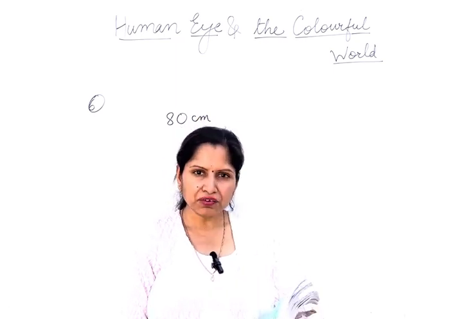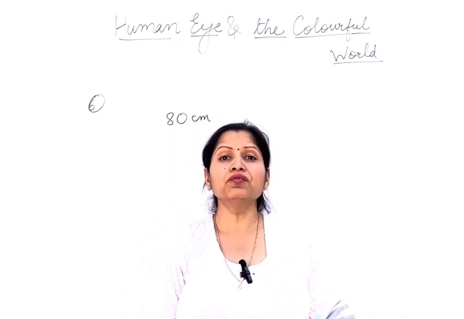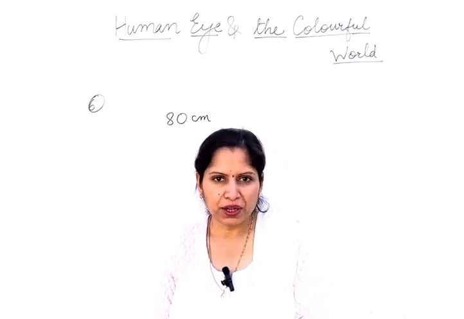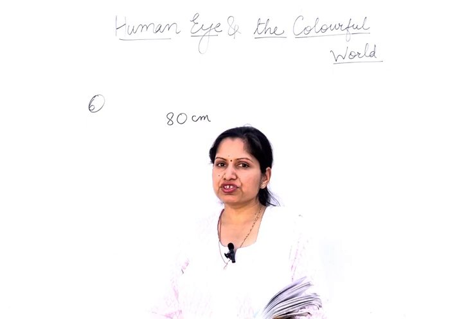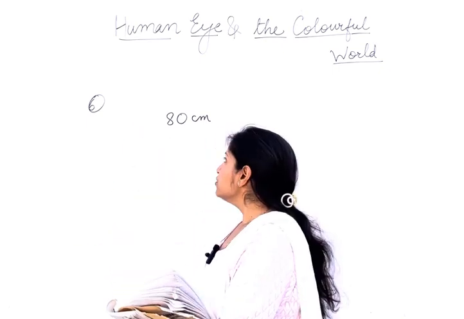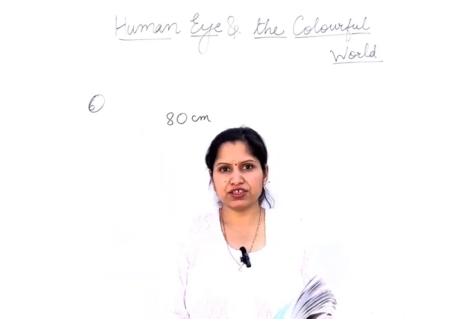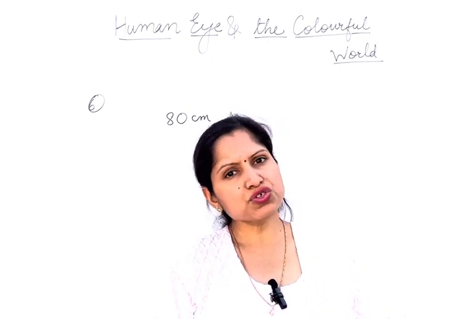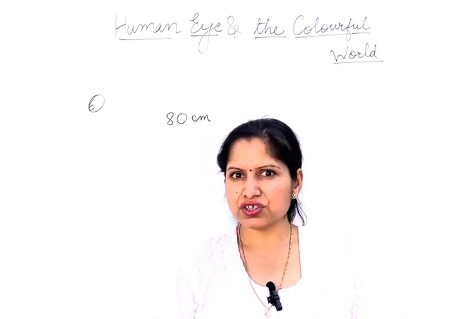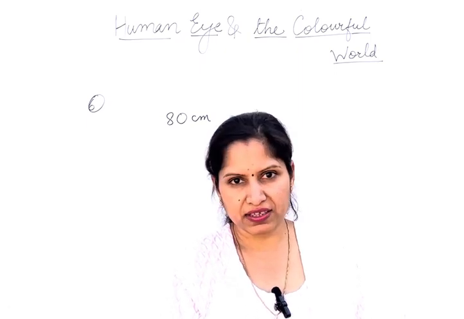To find out the power of the lens required, we need to find out the focal length first. I'll let you know a trick also, and we'll do the solution in a proper way as well. In this condition, just imagine this is a student. If the student is sitting on the last bench, then the person is not able to see that.